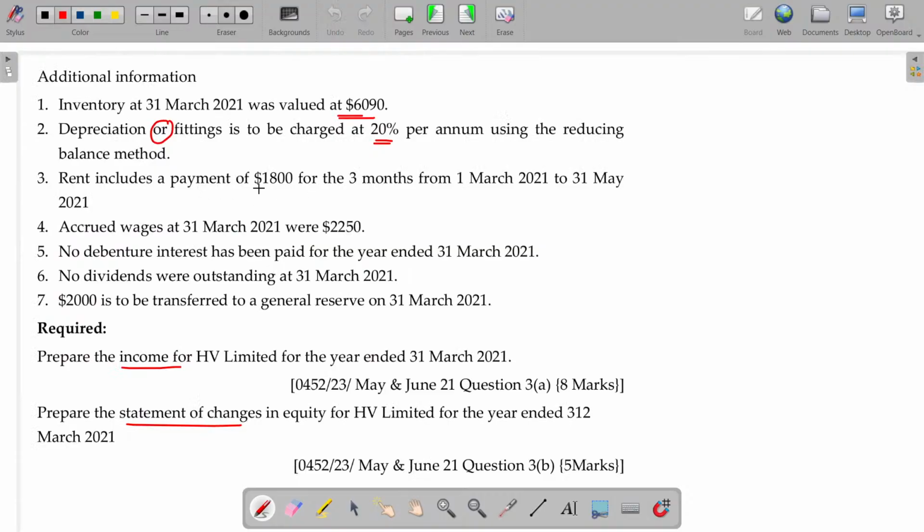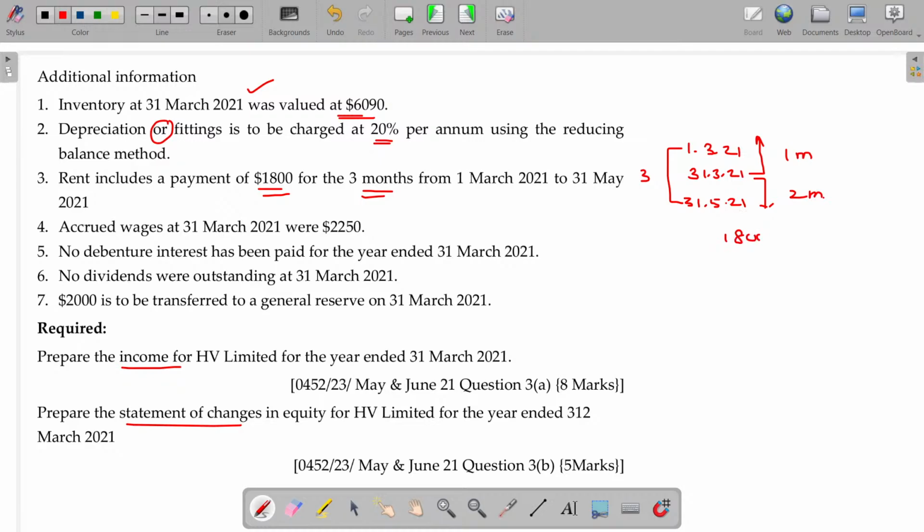Rent includes payment of 1800 for the 3 months period from 1st March 21 to 31st May 21. But our account gets closed on 31st March 21. So only 1 month is applicable and 2 months rent paid in advance.